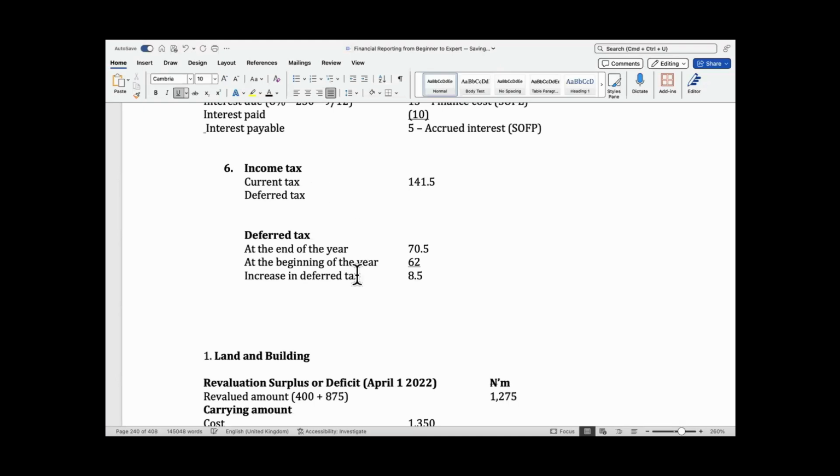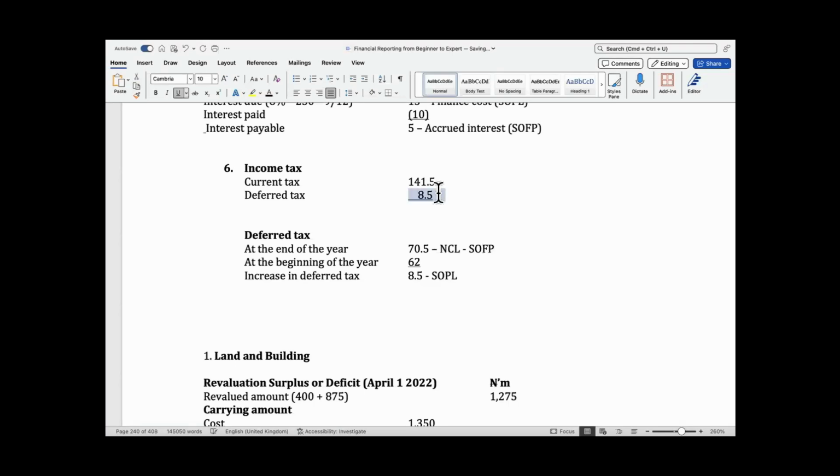Now, this 8.5 is what goes to P&L to join the other current tax, while this 70.5 goes in as a non-current liability under my statement of financial position.